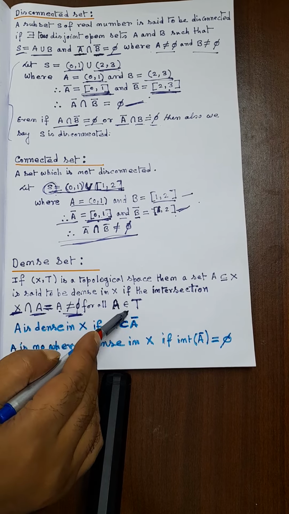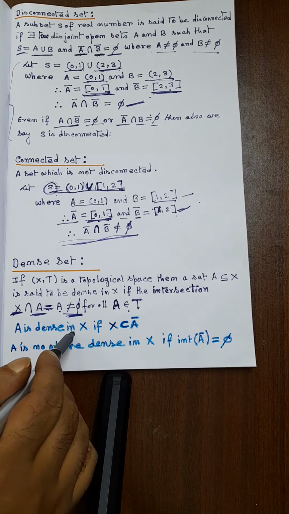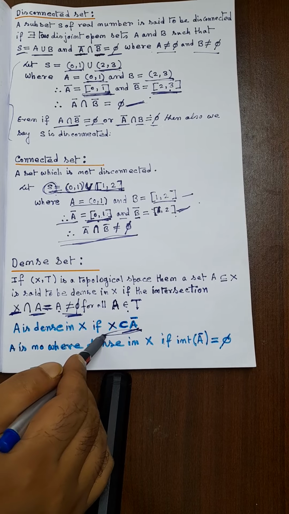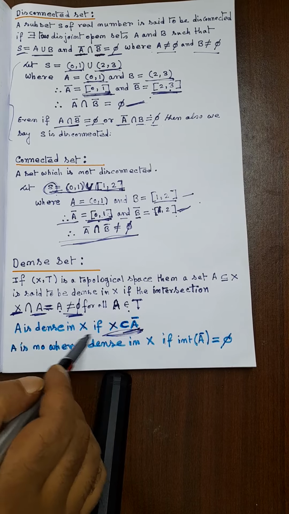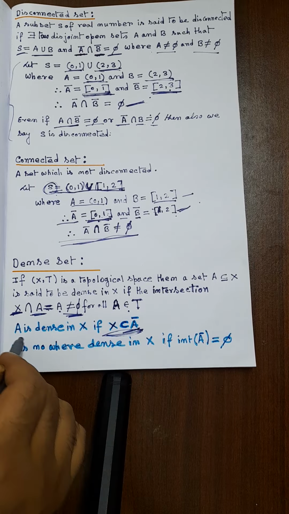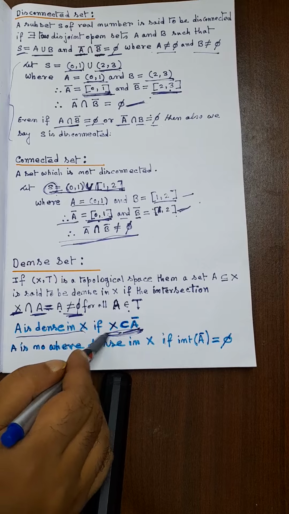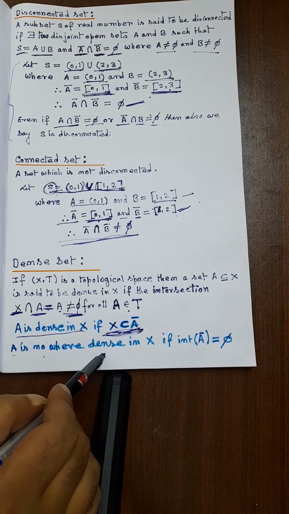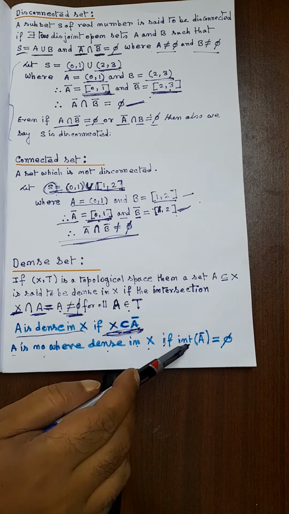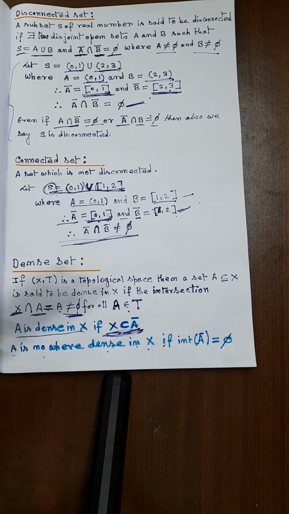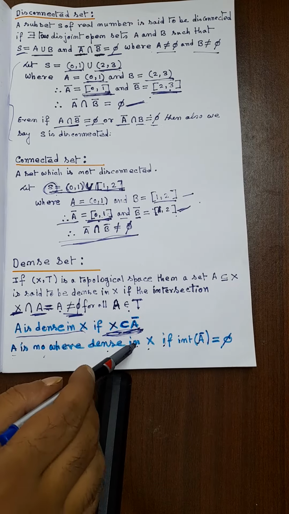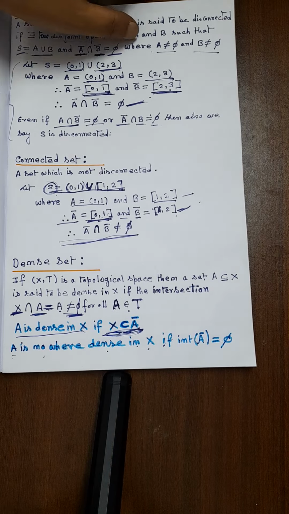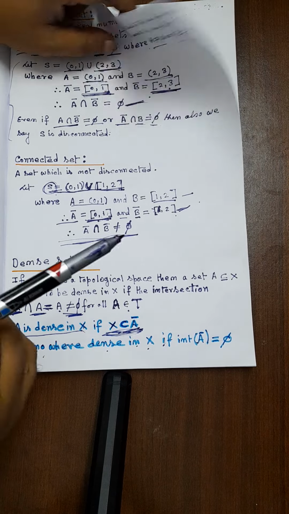Okay, so A is dense in X if X is a subset of the closure of the set A. And A is nowhere dense in X if the interior of the closure of the set A equals phi, right? So these are the basic definitions.